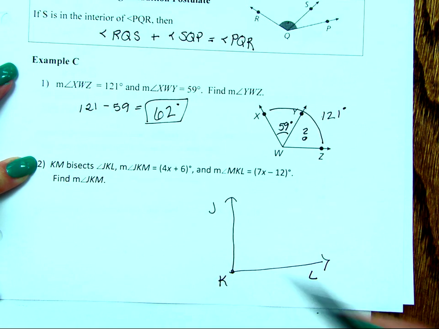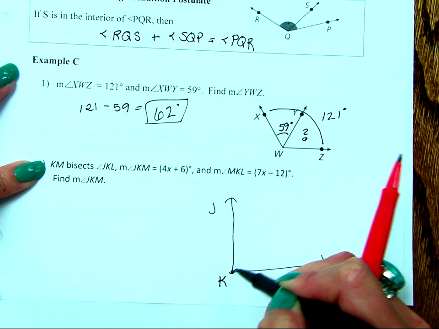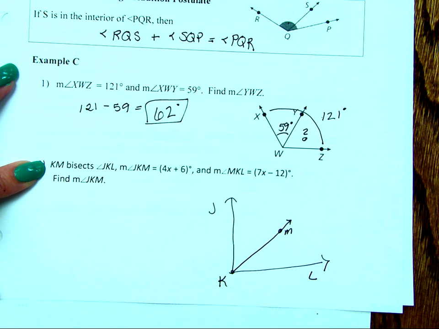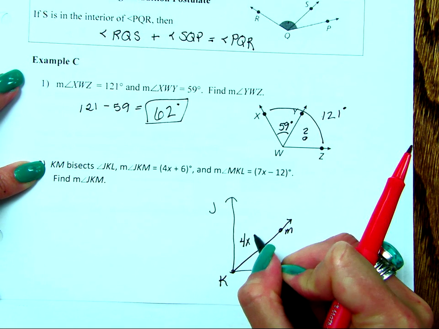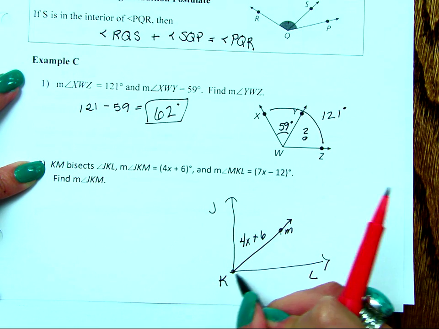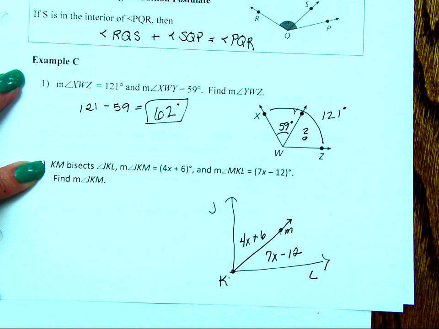K has to be the vertex, and it's being bisected by KM, right down the middle. Now in the question they say that the measure of angle JKM is 4x plus 6. Let's go ahead and label that, 4x plus 6. The measure of angle MKL is 7x minus 12.